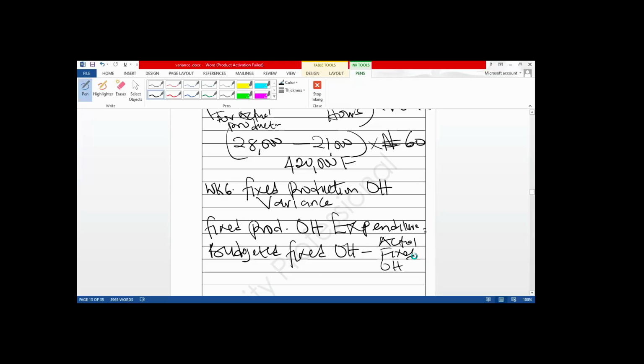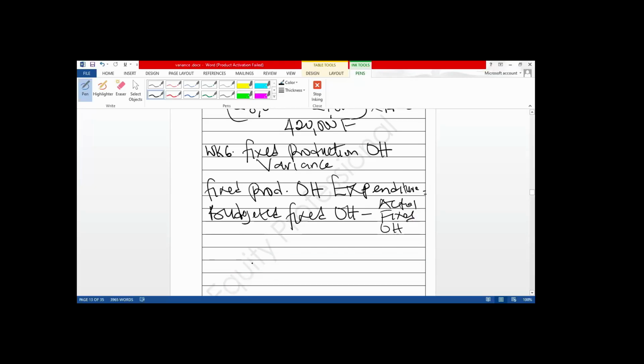To get your budgeted fixed overhead, pick your budgeted unit of production, 2,000 units. Multiply it by the standard fixed overhead cost per unit. If you go to that standard, you are going to see 30 naira per hour.